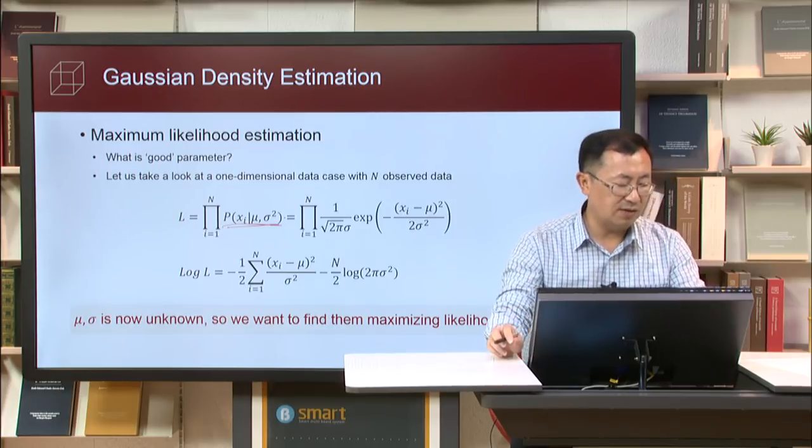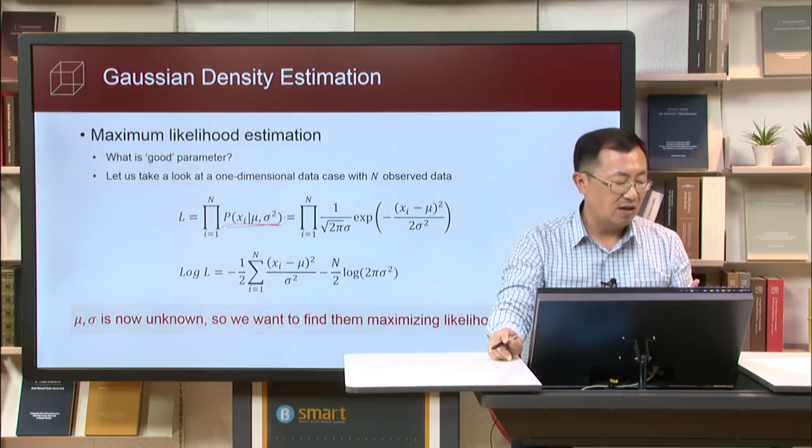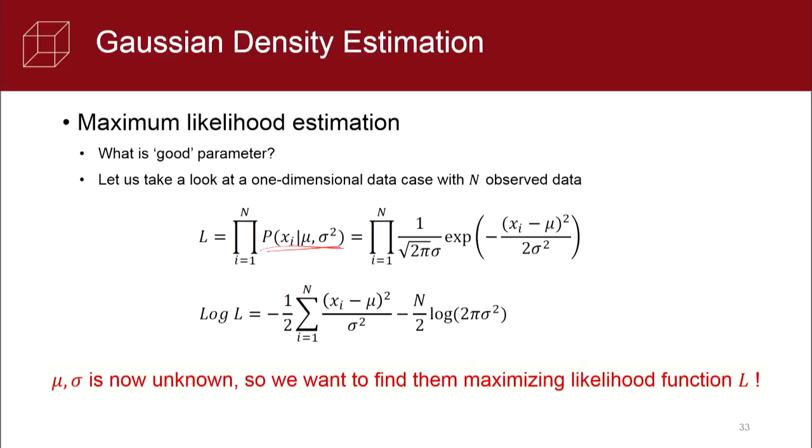This is the likelihood of getting this observation xi from the distribution having the parameters mu and sigma squared. So the likelihood function is a function of the parameters mu and sigma squared, and it explains the probability or likelihood of getting the n observed data.